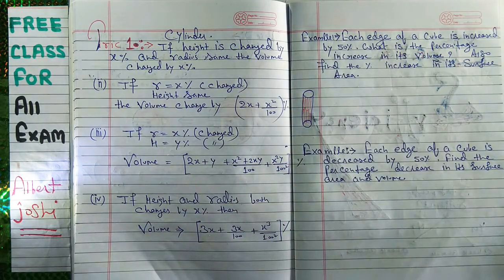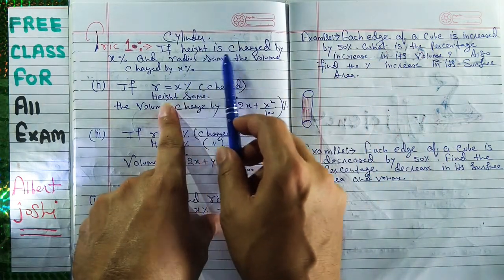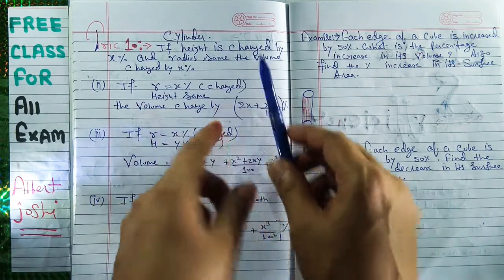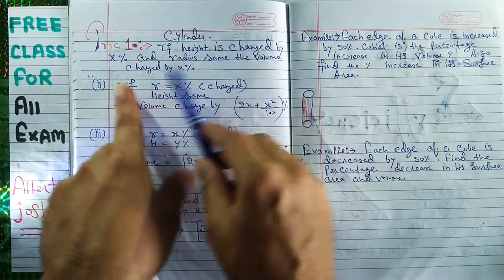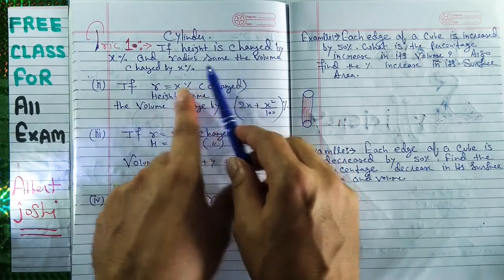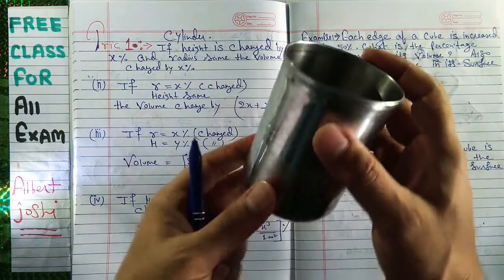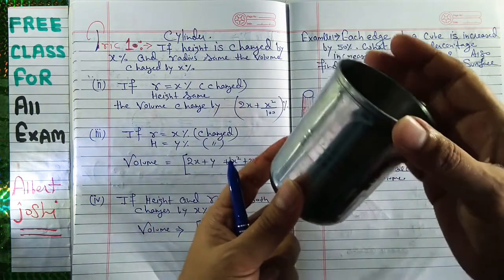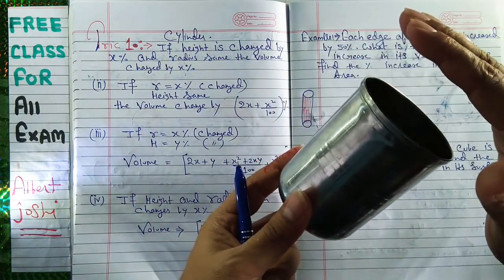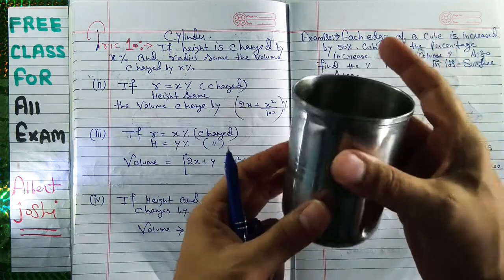Now for the cylinder, he is asking: if the height is changed by x% and the radius is the same. Suppose you have one glass, and with the help of technology you have increased its height, but the radius is the same.